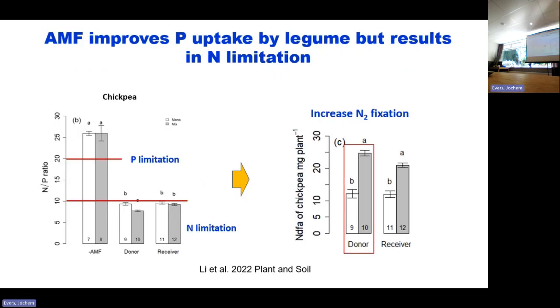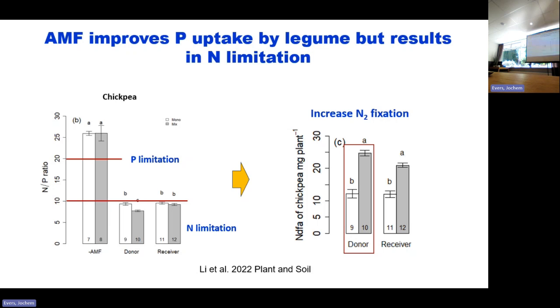So why was that? Then we determined the N:P ratio, and we found that without AMF, the N:P ratio is higher than 20. That means the plant is under P limitation. So the chickpea is under P limitation. But with AMF, the P limitation is released because the mycorrhizal fungi can transfer a lot of phosphorus to the aboveground.